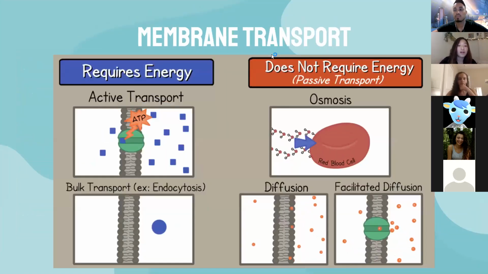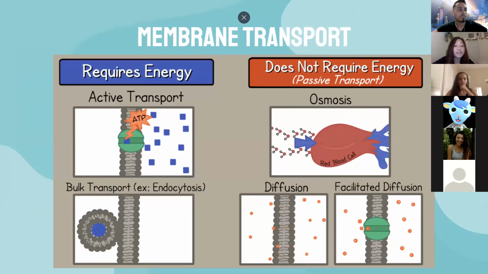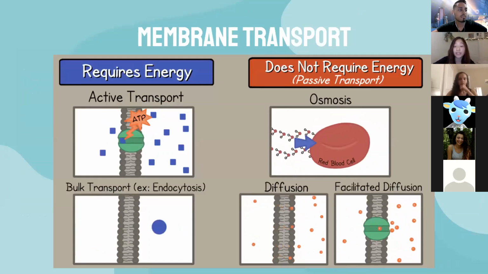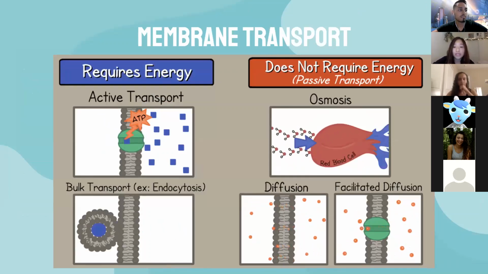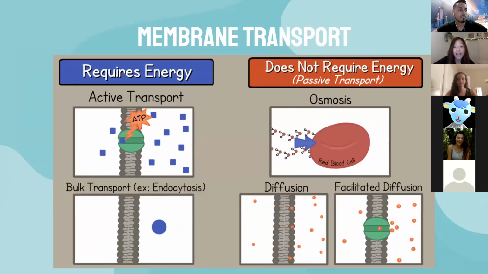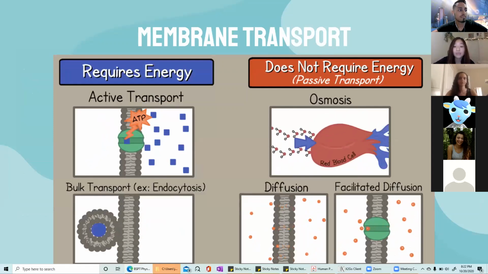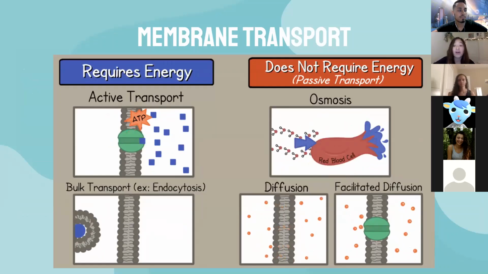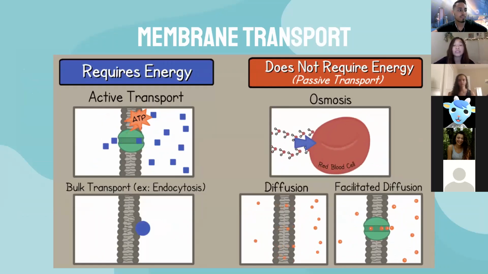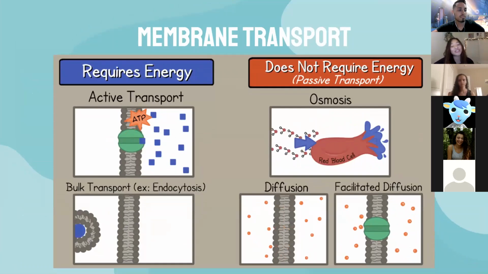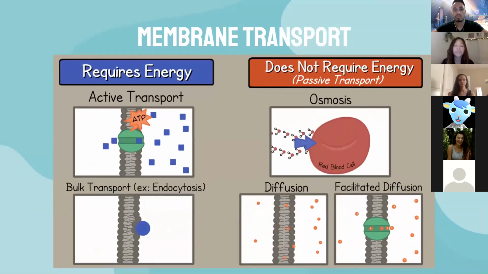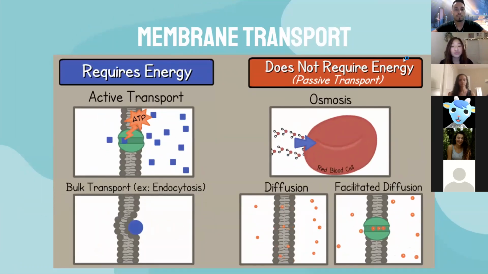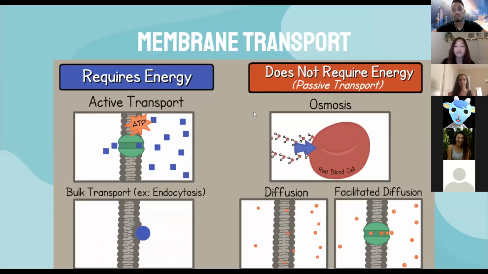Okay, moving on, we have different forms of membrane transport. The simplest form of transport across a membrane is passive. Passive transport does not require the cell to expend any energy and involves a substance diffusing down its concentration gradient across a membrane. Diffusion results from molecular motion and doesn't require ATP.